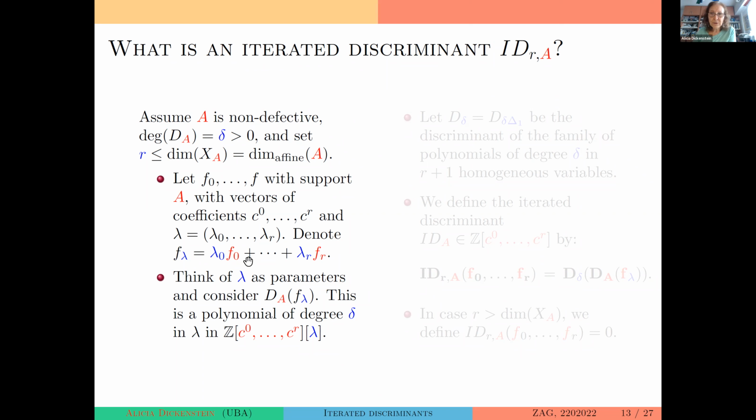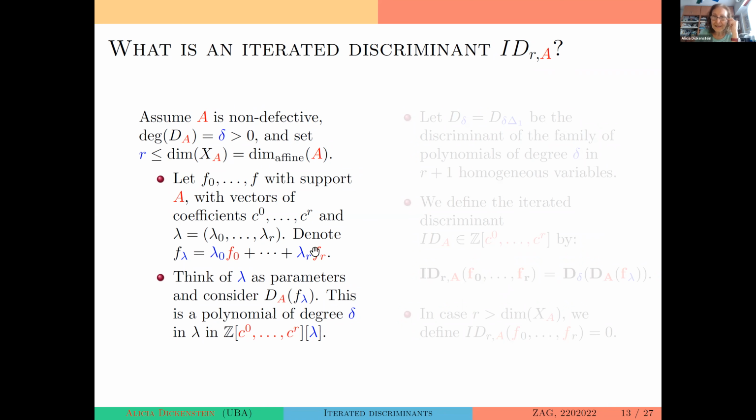We see the f's as polynomials in this family with varying coefficients. So the x are the variables, the c's are the coefficients, and the lambdas are these new parameters. Then we think of the lambdas as parameters and consider the discriminant of these polynomials. So we fix the lambdas.